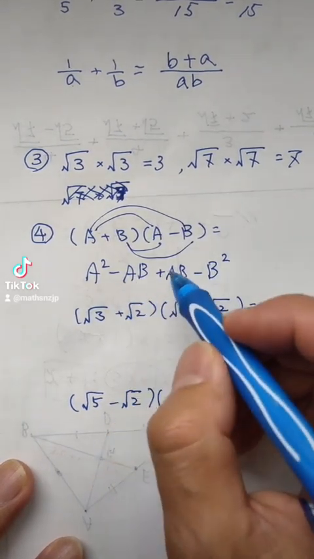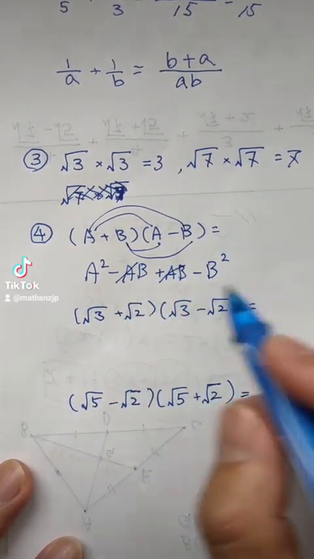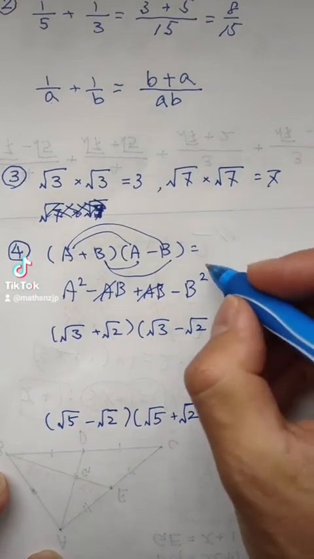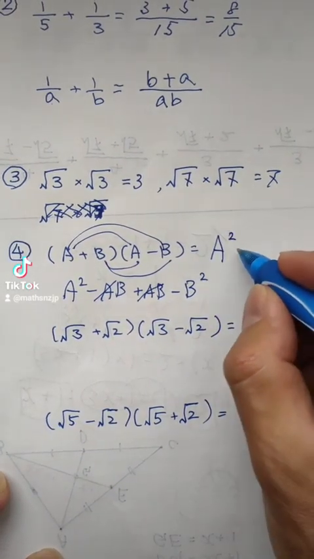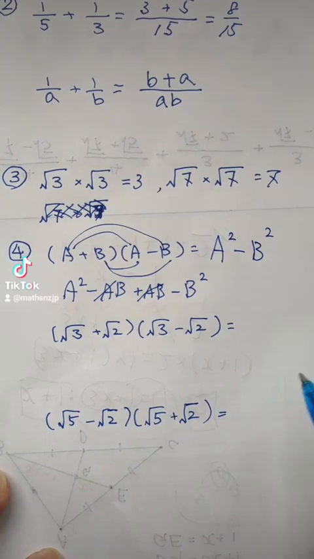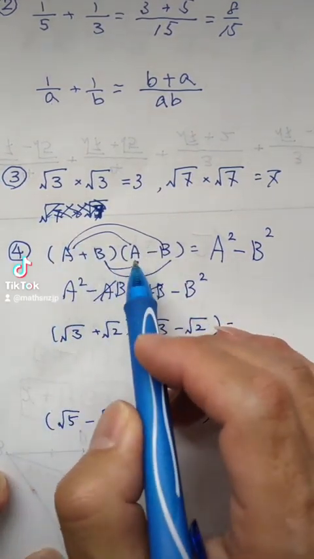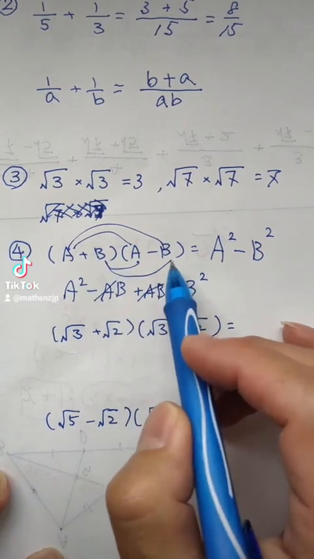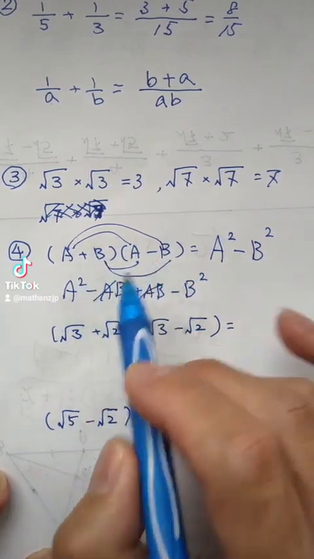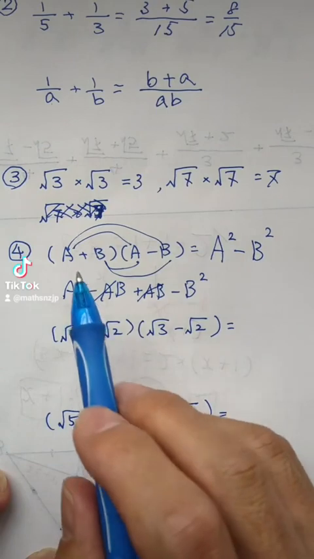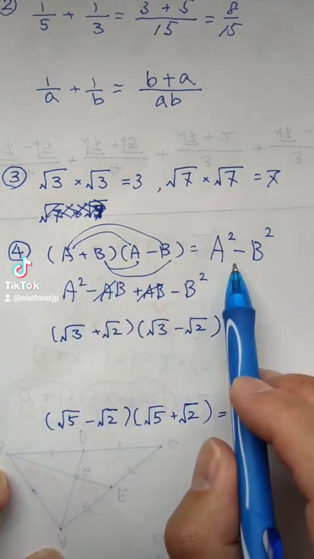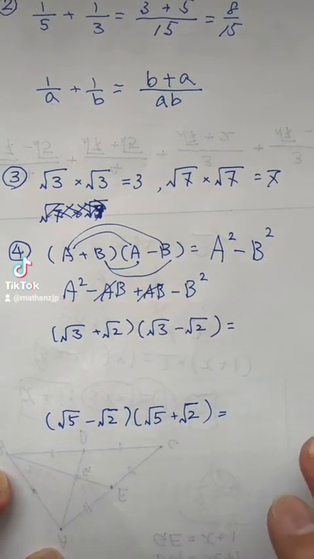So you can cancel these two out, right? The answer is gonna be A squared minus B squared, which means whenever you see the same number on the left, same number on the right, and the sign is plus and minus, the answer is always left number squared take away right number squared.